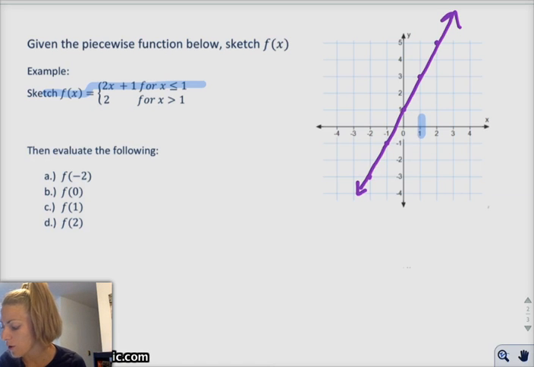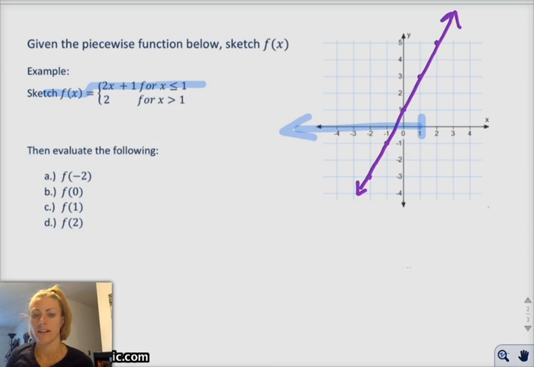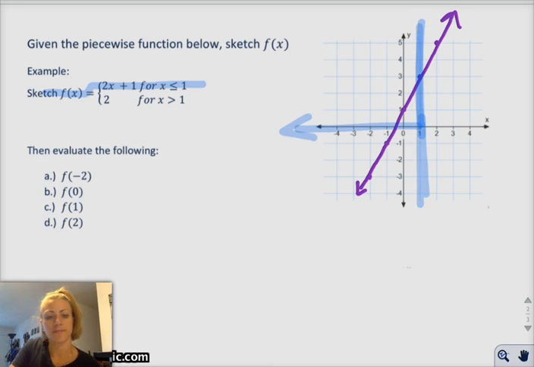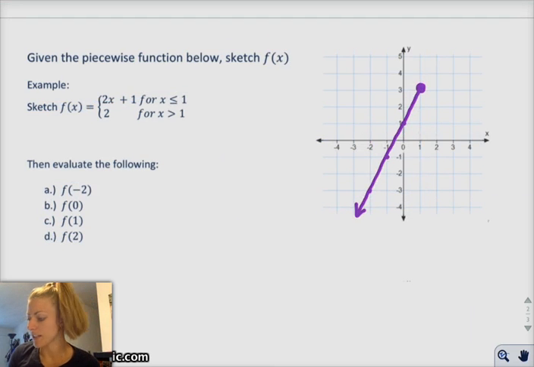Because the function only exists at 1 and anything less than that. So I basically need to cut off the graph at x equals 1. And since it's less than or equal to, we know that the function exists at x equals 1, so we have a closed dot there.